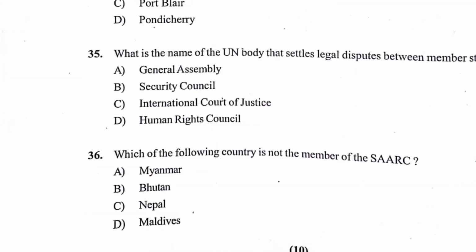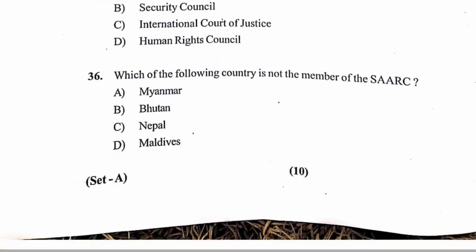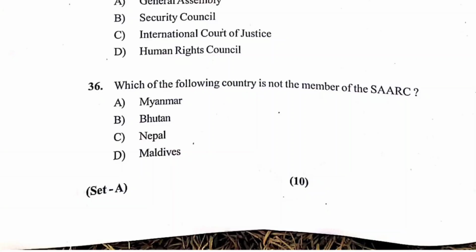Next question is, what is the name of the UN body that settles legal disputes between member states? Options are General Assembly, Security Council, International Court of Justice or Human Rights Council. Correct option is ICJ, International Court of Justice. Next question is, which of the following is not a member of SAARC? By SAARC what we mean?